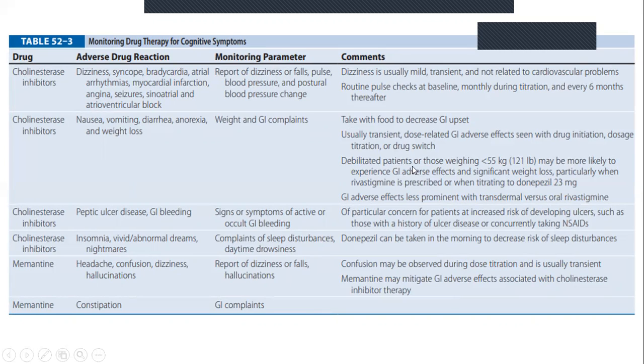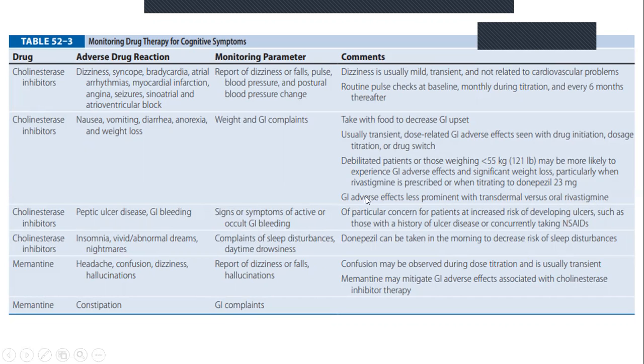If the patient is complaining of severe GI symptoms, then it's better to go for transdermal patches. For peptic ulcer disease and GI bleeding, if the patient taking these medications is complaining of PUD, then we have to ask whether he is having any occult GI bleeding or fresh bleeding, like any vomiting or blood in stools.